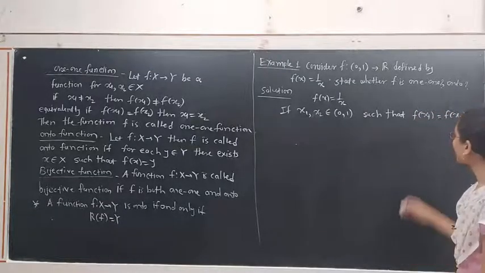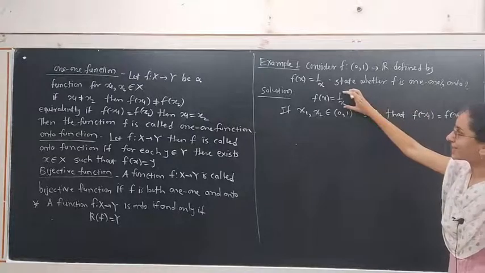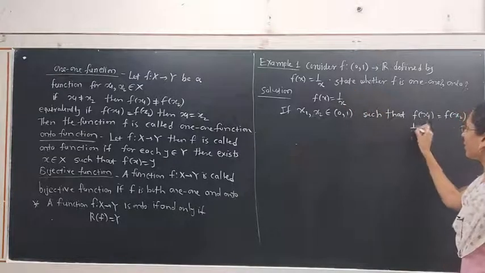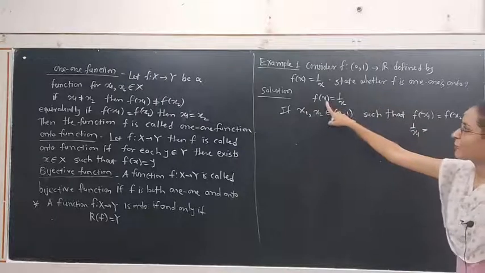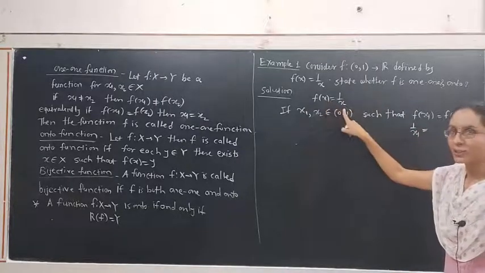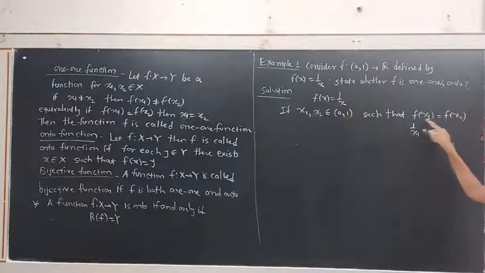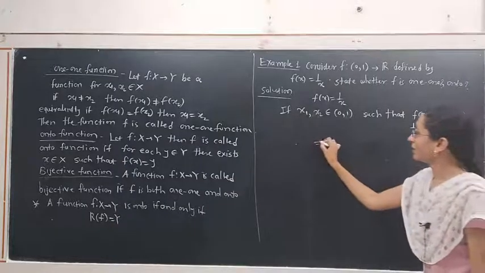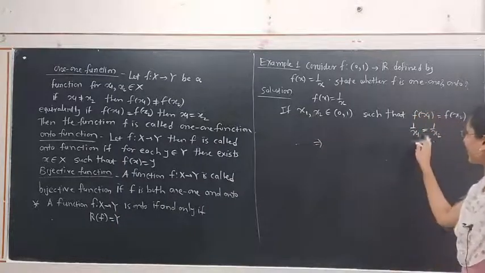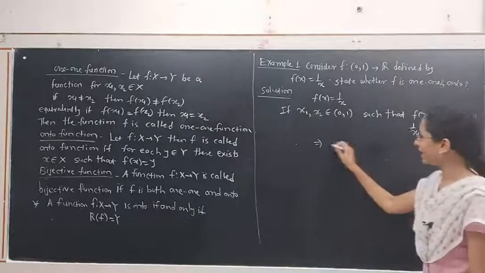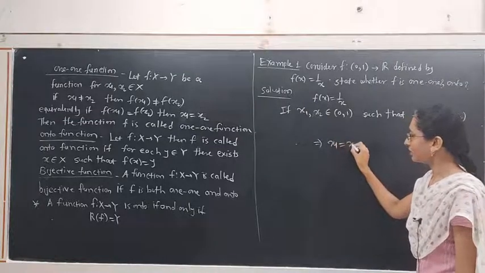What this imply? What is f of x1? By this definition, 1 upon x1. What is f of x2? Replace x by x2 here. We get f of x2 is 1 upon x2. If f of x1 is equal to f of x2, then this implies 1 upon x1 equal to 1 upon x2. This implies taking cross product of both sides, we get x1 is equal to x2.